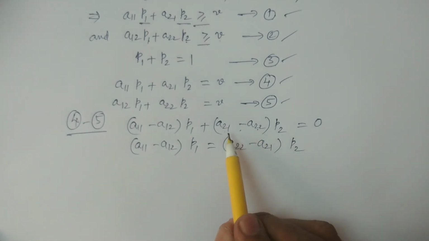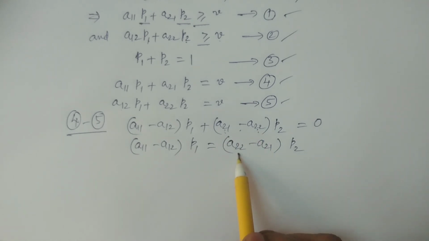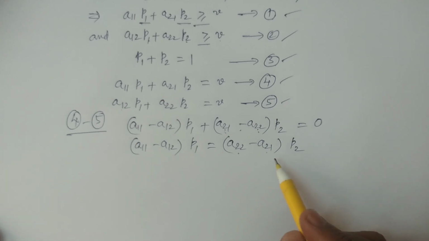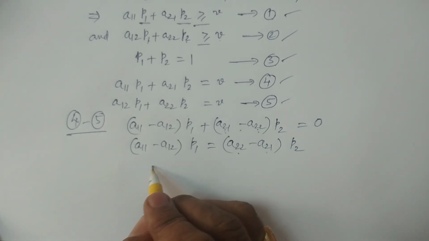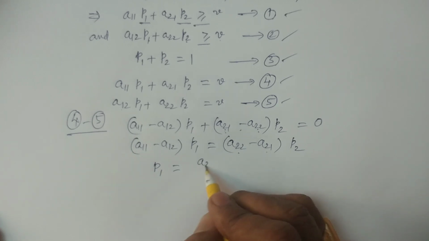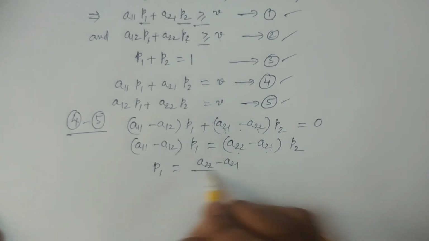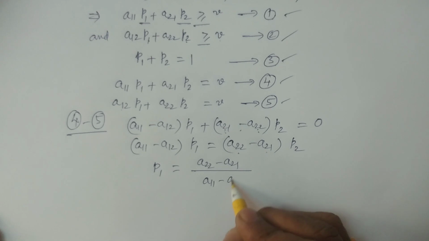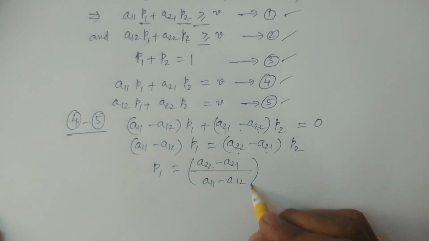Am I right? So this will be minus of (A21 minus A22), and I am converting it into (A22 minus A21), so therefore this will be plus. Right, so therefore I calculate now P1. Therefore P1 is equal to (A22 minus A21) divided by (A11 minus A12) multiplied by P2.